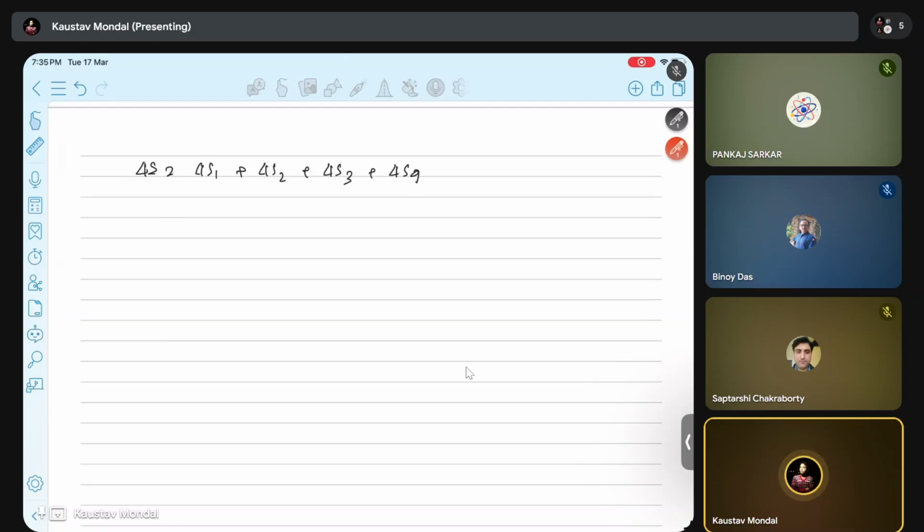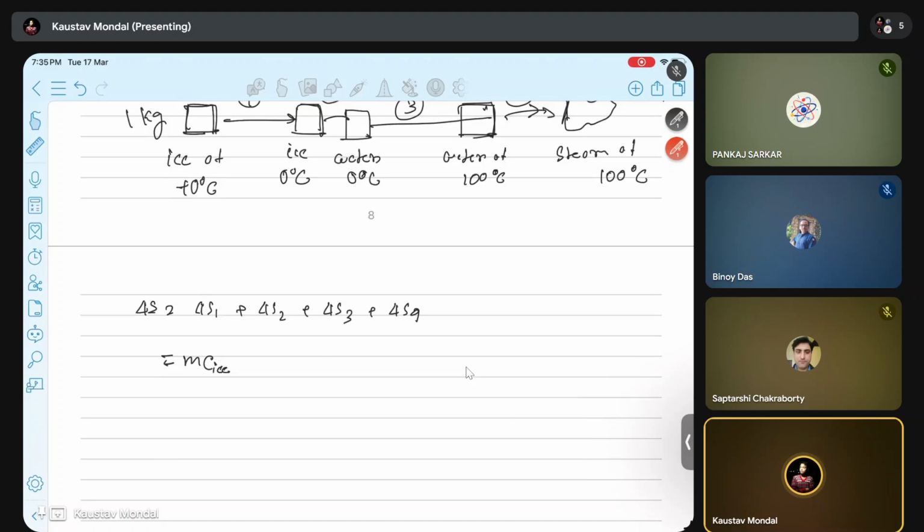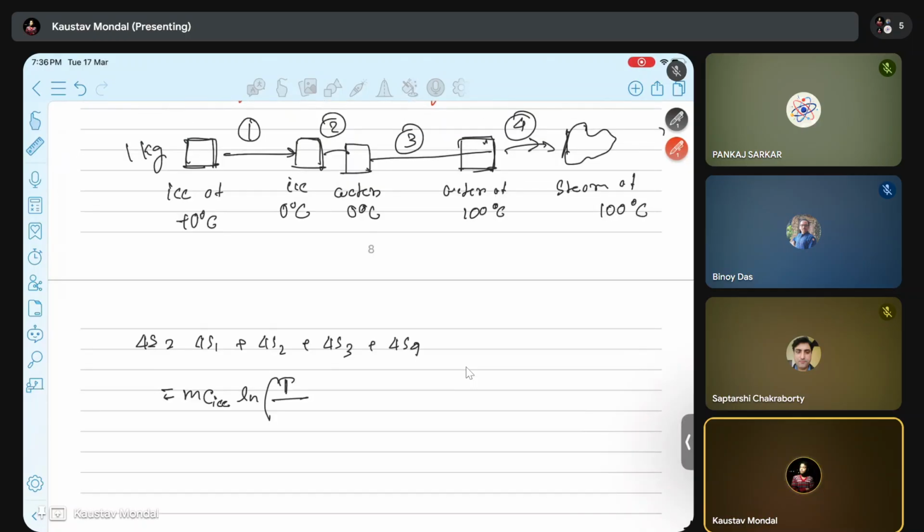So delta S1 would be m c ice, the specific heat of ice, which is also mentioned here, ln of T. It was at minus 10 degree, so from minus 10 degree it will become 0 degree.